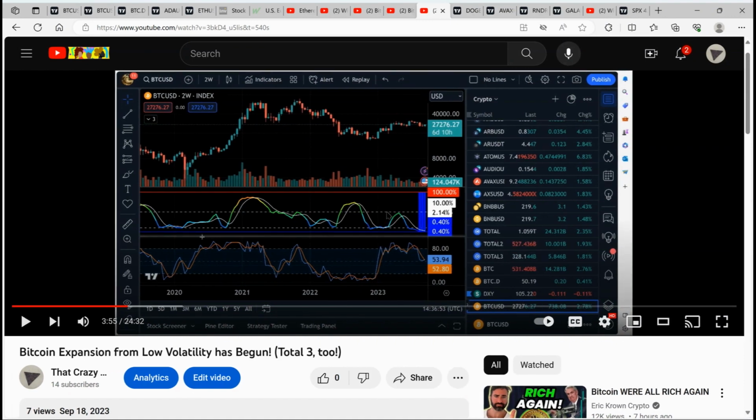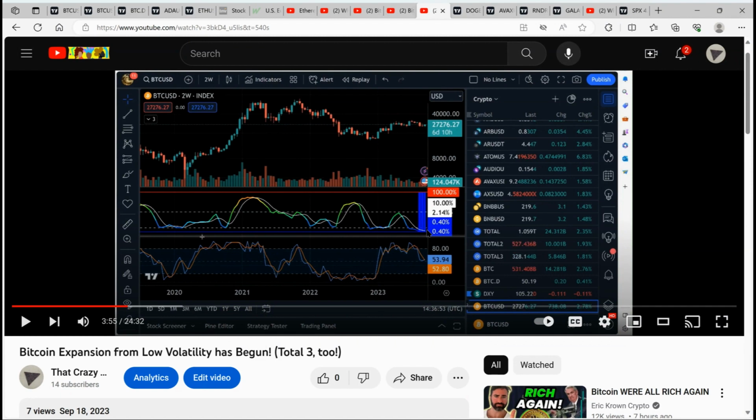The places that we have seen it have been phenomenal bull runs from there, or crashes down, but mostly bull runs from there. And on the monthly time frame, we were never, ever, ever this low. And I also explained that by the time it expands on the 5-day, the move has already happened. You've missed a major part of the move.